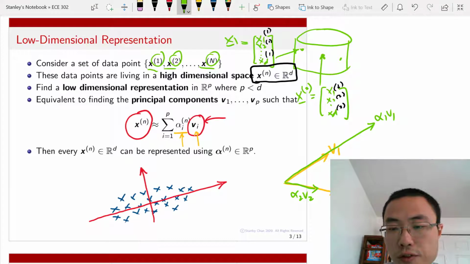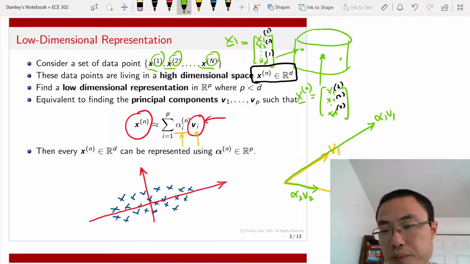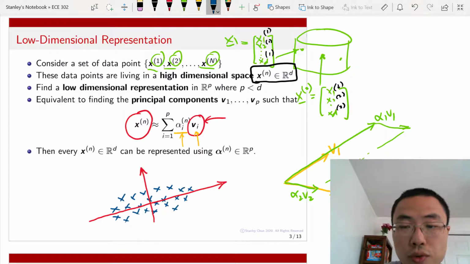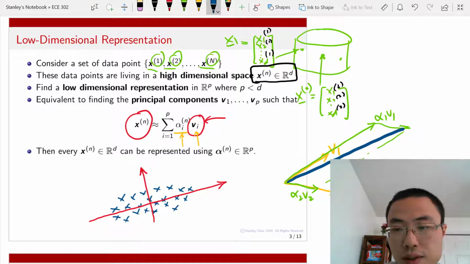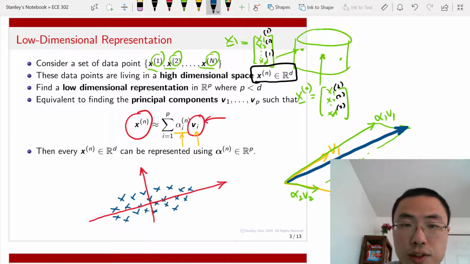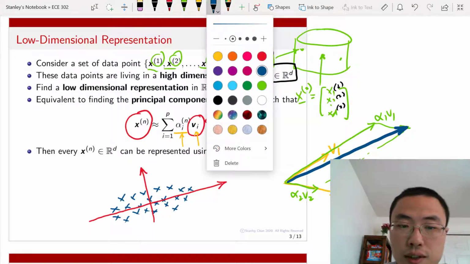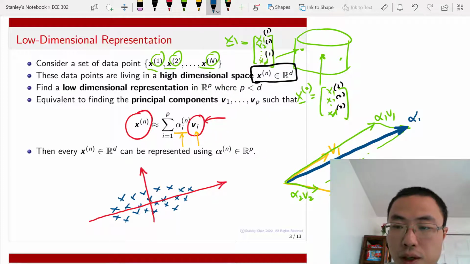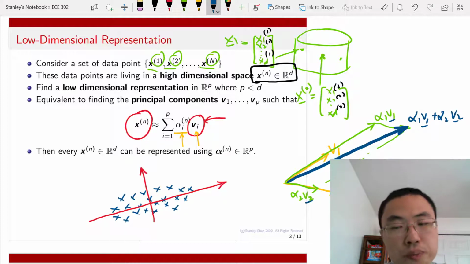And then the sum of these two vectors will give you a vector like that. So you can do a parallelogram construction here, and that would be your vector, so the overall vector would be this. This blue vector is alpha_1 v_1 plus alpha_2 v_2, where v_1 and v_2 are vectors.